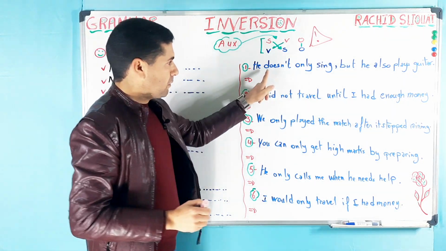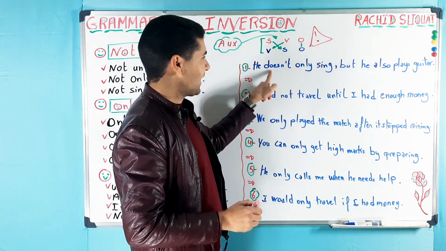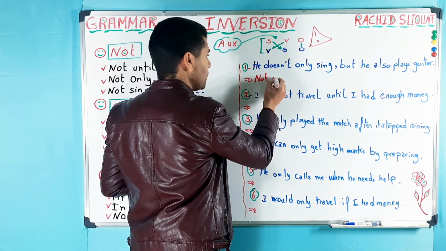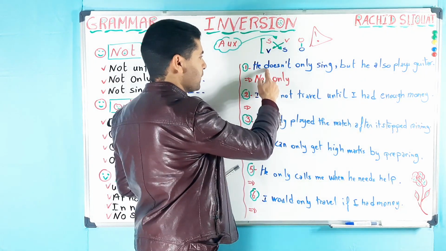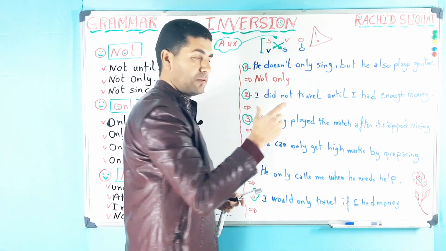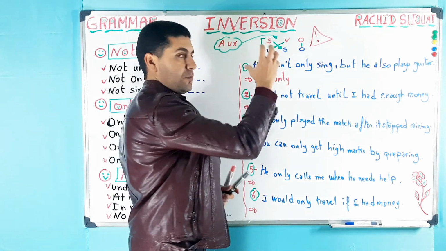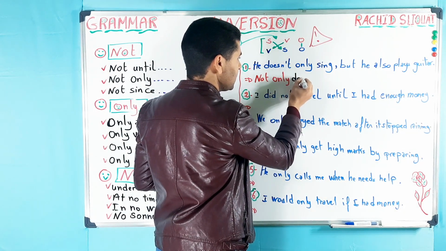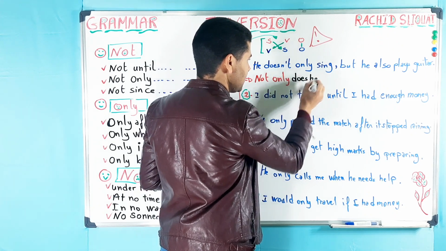In number 1, as I said before, we have not only, so for sure we start with not only. Here we have doesn't sing, so the auxiliary verb is does. So: not only does he.